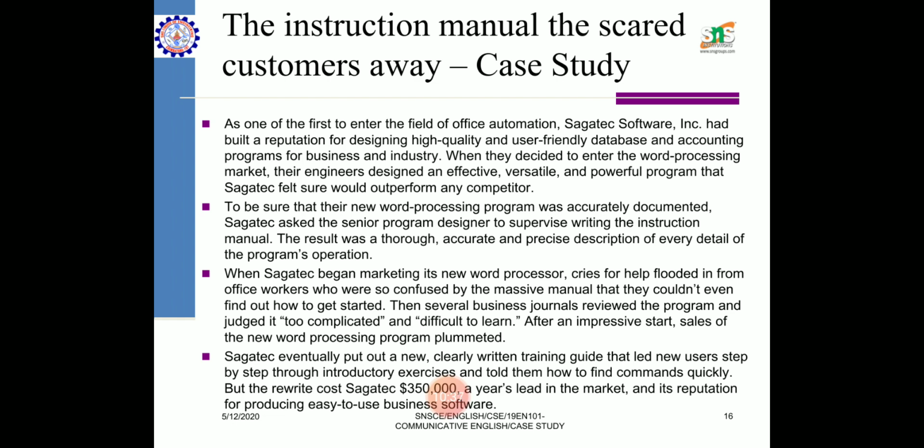Then they prepared it and later marketed it successfully. But this took 1 year of time and cost the company $350,000 in profit. They got back their reputation, but they had to overcome a lot of problems to reach that level.